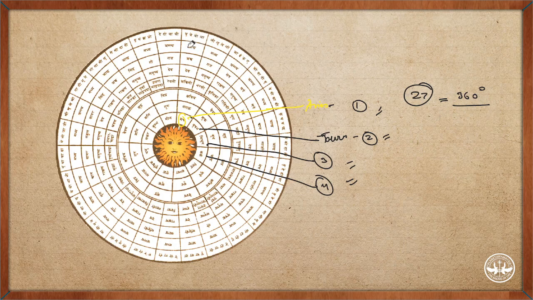So if you look at this point, you see Aries has Ashwini, then Bharani as a whole, but Kritika is only this part, and the other part is not in Mesh Rashi, it is in Vrishabha Rashi. Why? Because we need to divide these 27 nakshatras into 360 degrees. This is the allocation which has to be done.